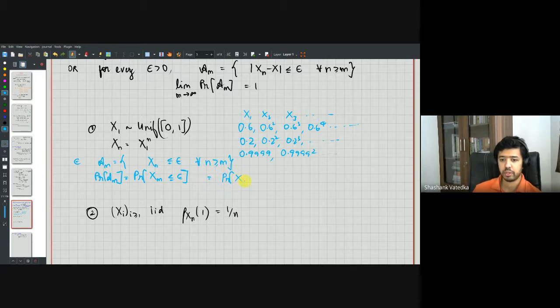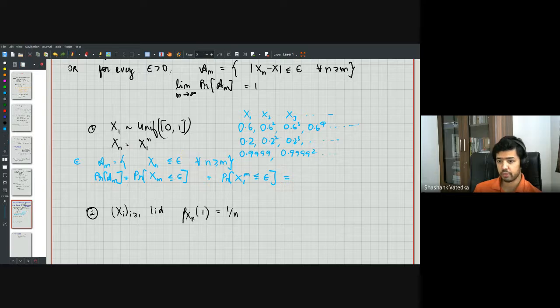It is the probability that x1 raised to m is less than or equal to epsilon, which is what? No, it's not 1. So for a fixed epsilon and for a fixed m, this is not equal to 1. Note that x1 is a uniform random variable. It's uniformly distributed between 0 and 1.